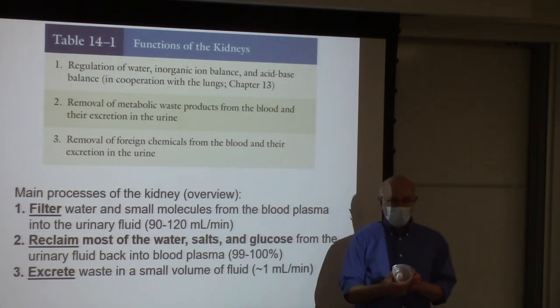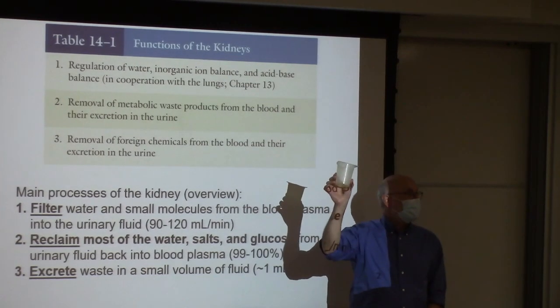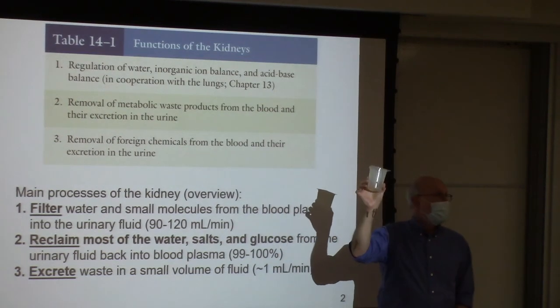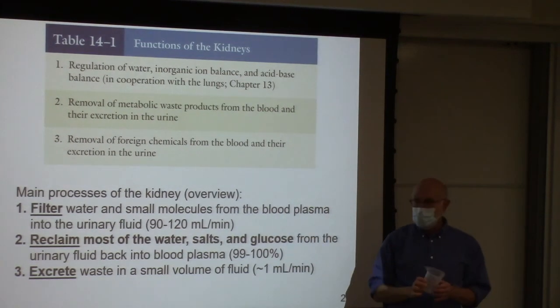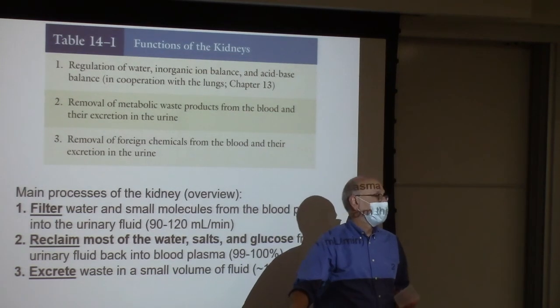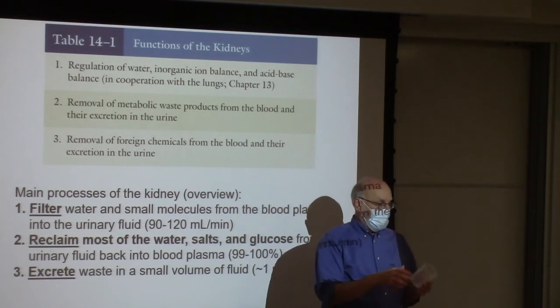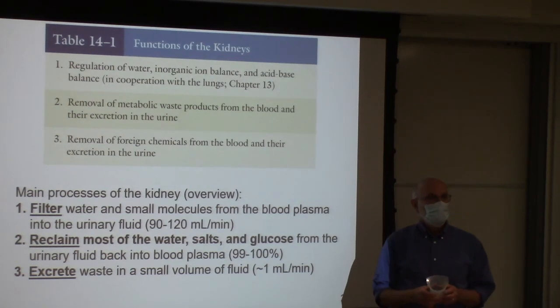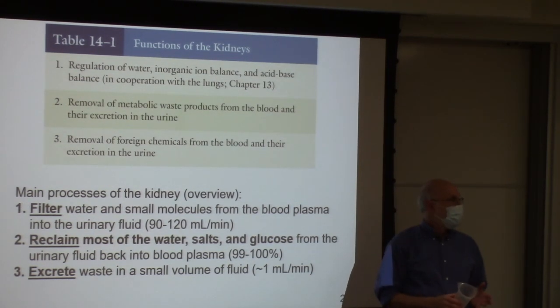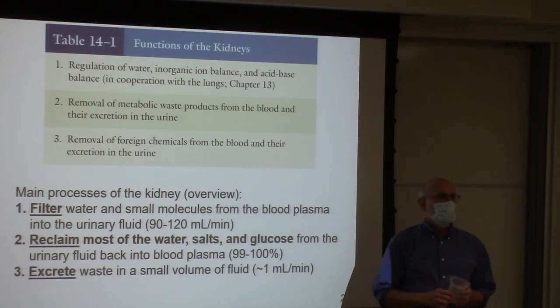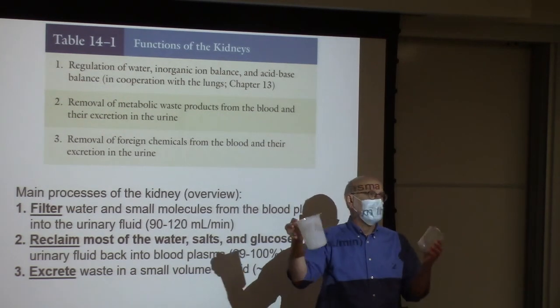In that 1 liter of blood, there is about 600 milliliters of plasma, of serum, because 40% of the blood is cells, mostly red blood cells, and 60%, 600 mils or so, is plasma. I'm not going to hold you to those numbers, but you can think of it as 50-50.